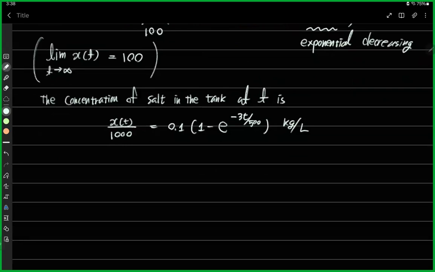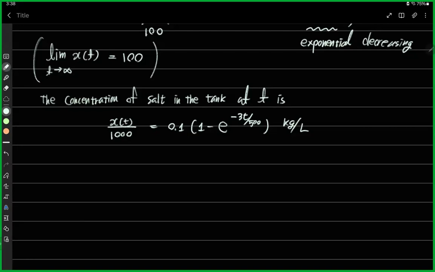So the second question, I think I forgot the question in example one. We need to find out, hold on a second. Yeah, find the time t when the concentration of salt becomes 0.05. I think that's the problem.